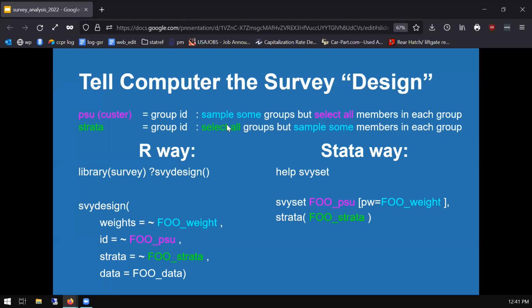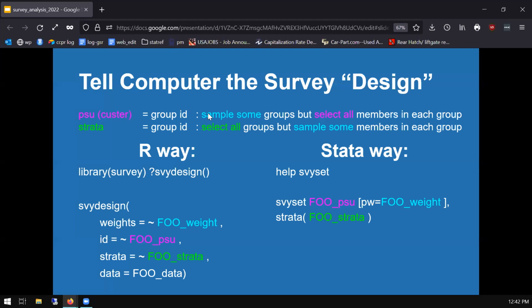Here's the conceptual similarity: both a cluster and strata are just groups. You're forming groups of individuals. But how you're using those groups is different. In a cluster group, you only sample some groups, say 5 cluster groups out of all 20.